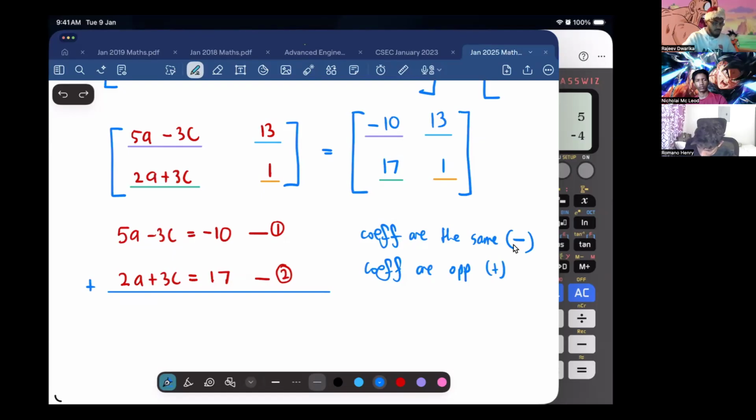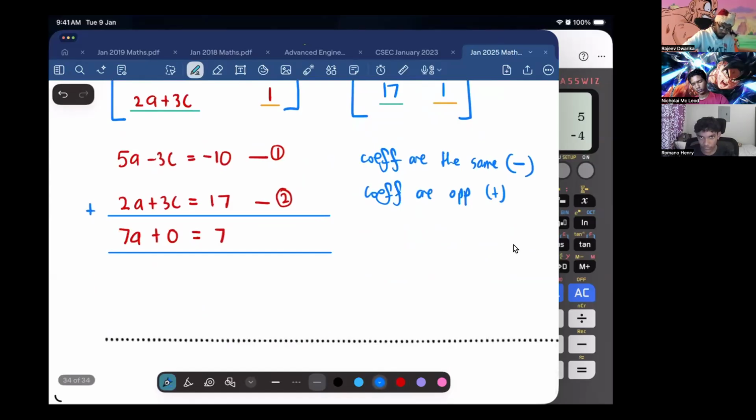So what is 5A plus 2A? 7A. What is minus 3C plus 3C? 0. Right? What is minus 10 plus 17? 7. Yes. So we end up with 7A is equal to 7.